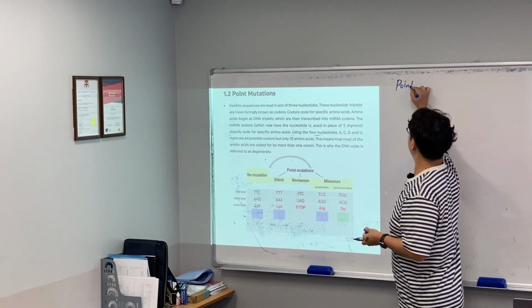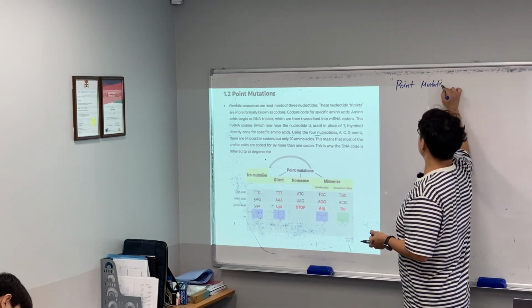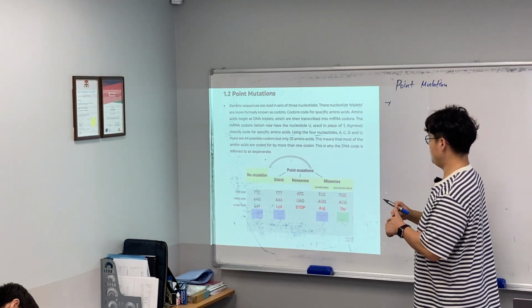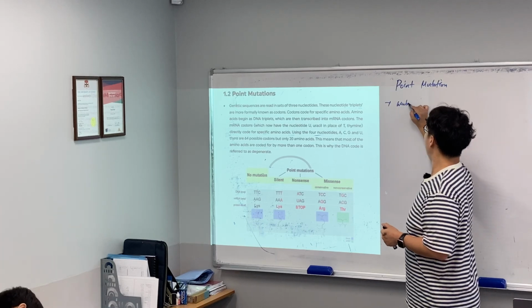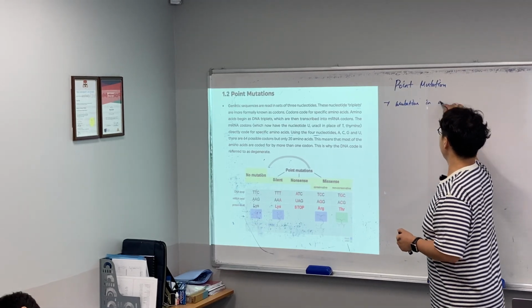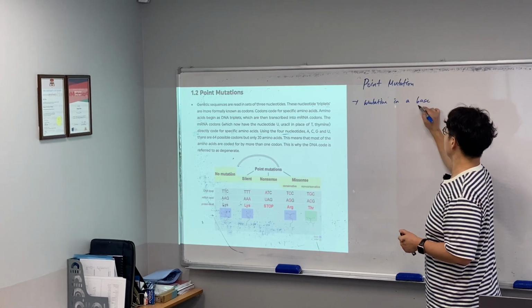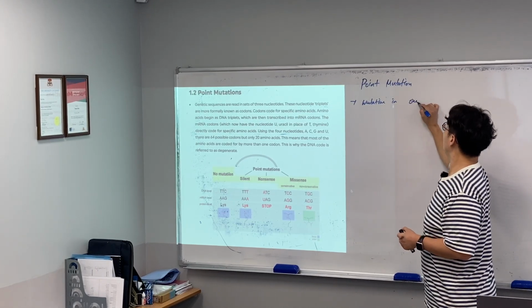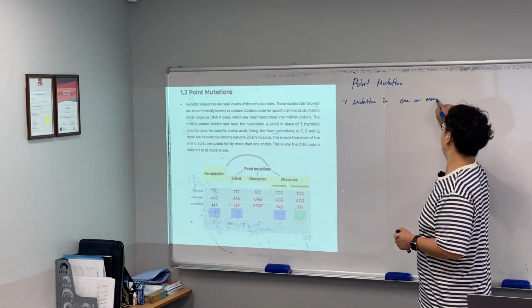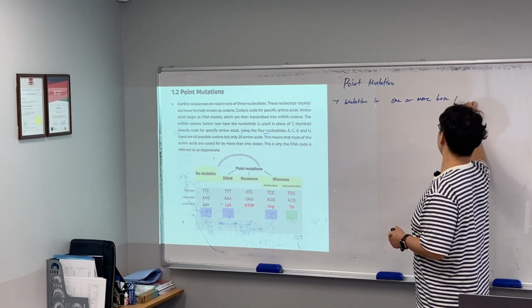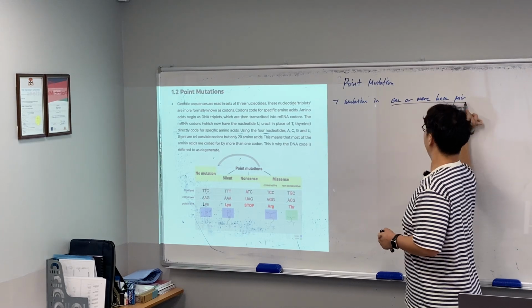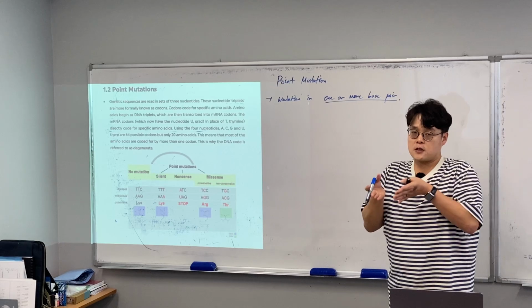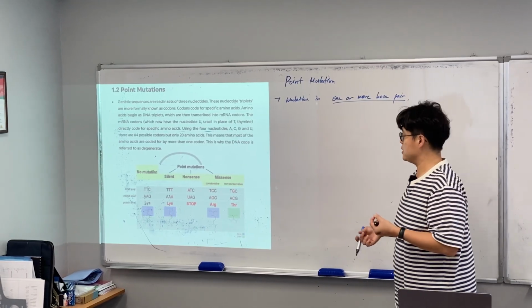Point mutation means a mutation in one or more base pairs. We call it a point because there is a very specific point that can be altered.